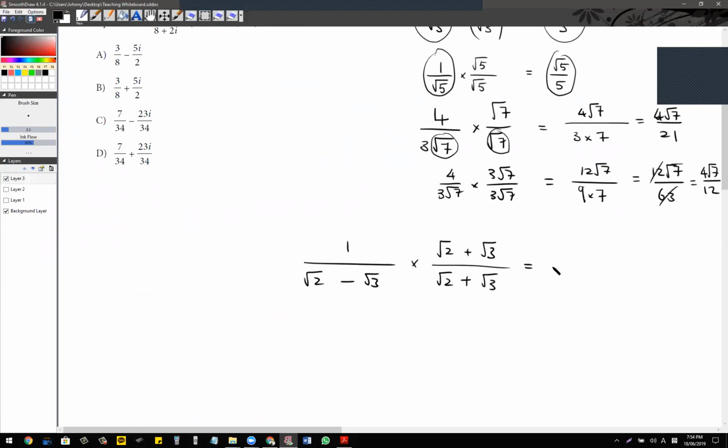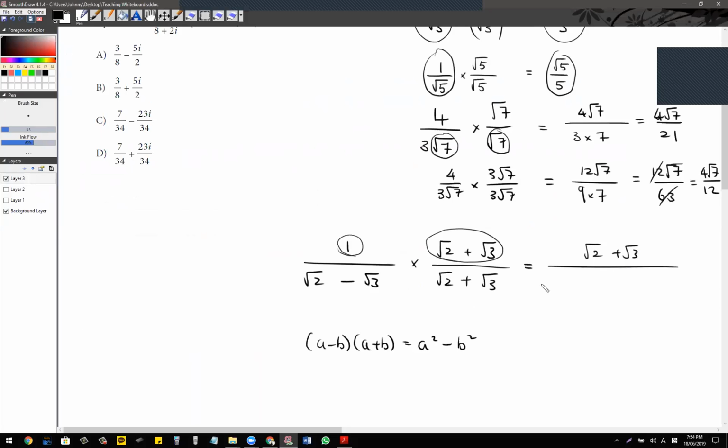Then what happens next is you see this is a minus b, a plus b. So that'll be a squared minus b squared. So the numerator is that times that, which is just root 3 plus root 2.